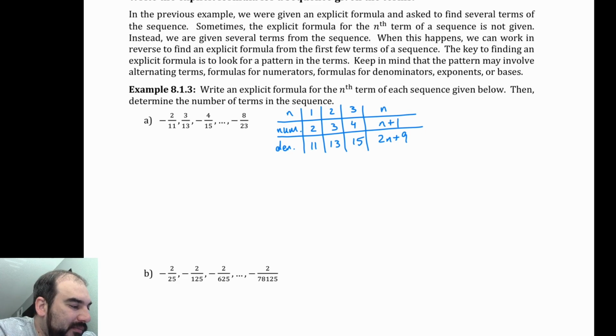Essentially, what we recognize about the denominator is that we're counting by twos. If we look at this increase from one term to the next, we're counting by twos, which means you can think of it as having a slope of 2, right? As the n goes up 1, the denominator value goes up by 2, which means we have a 2-to-1 ratio.